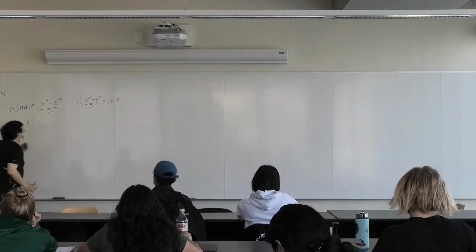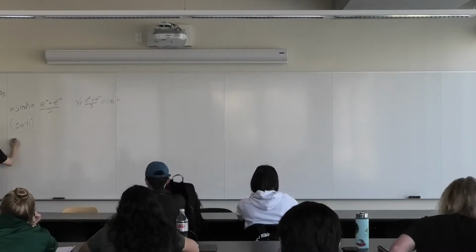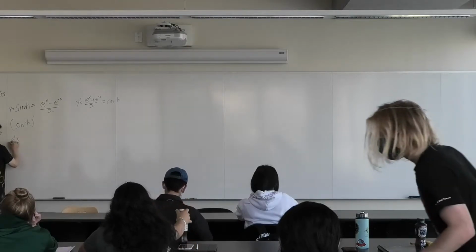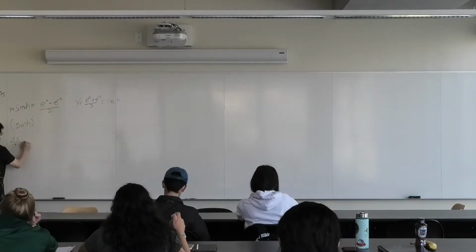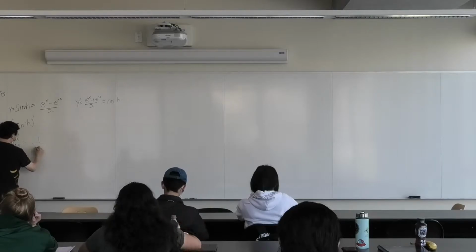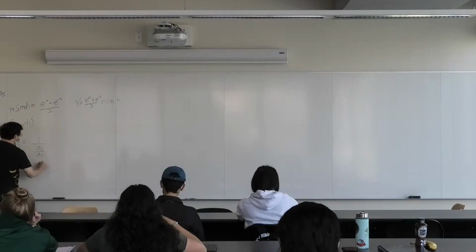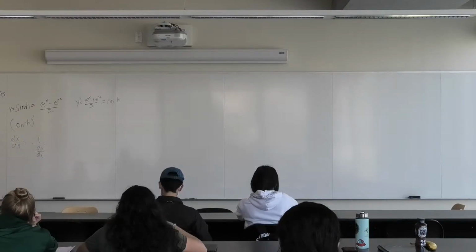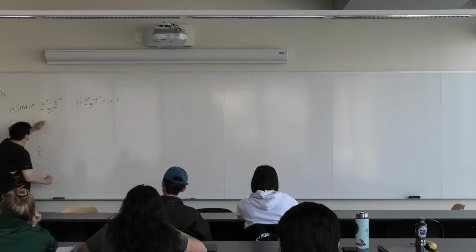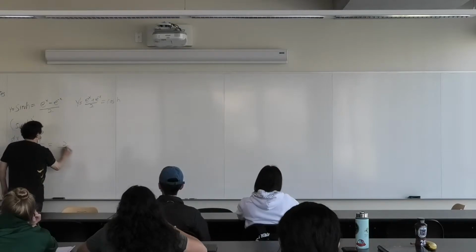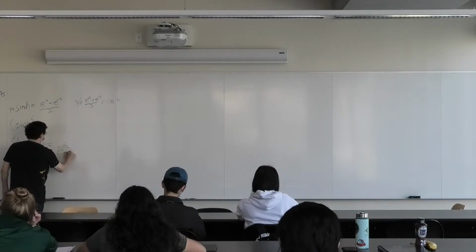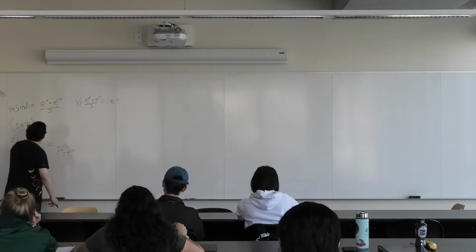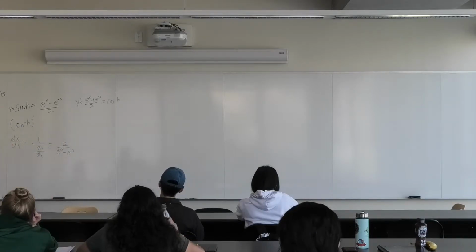But the derivative of that, the 1 over the derivative of the original function, is 1 over this. Now we see the difficulty here.